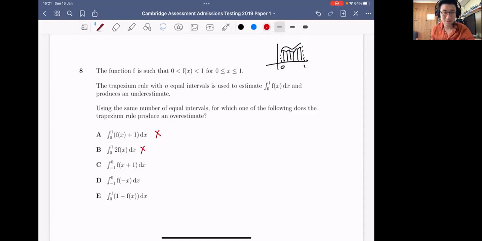That doesn't look right. Shifting it to the left 1 unit, but integrating it from -1 to 0. That's definitely not it either. Okay, the last two are a bit tricky. You're reflecting it in the x-axis and integrating from 0 to -1.